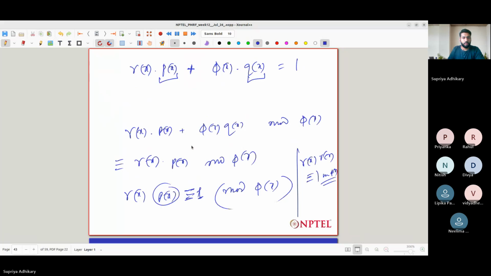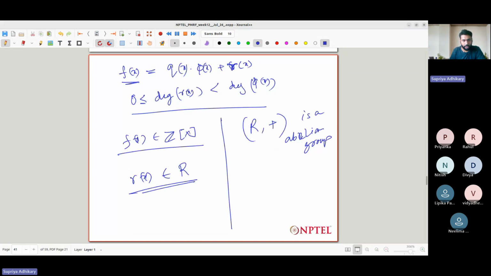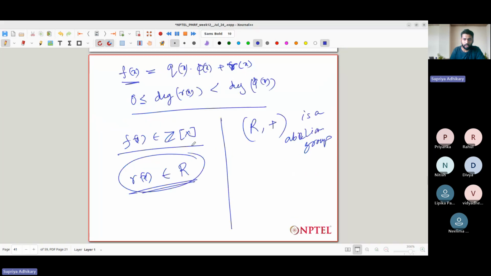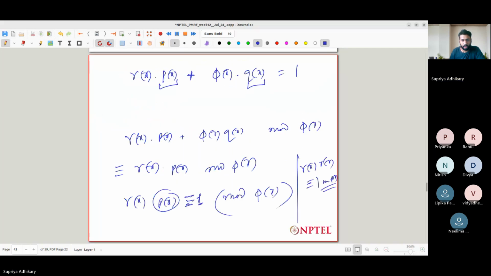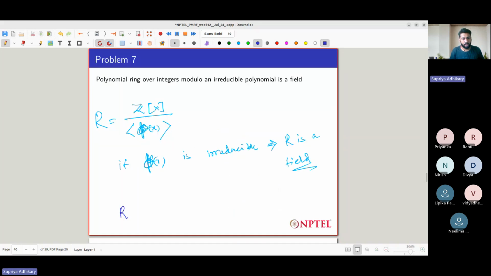So basically, if we consider any arbitrary R(x) in this ring, then for that arbitrary element, we do have an element P(x) such that the multiplication of R(x) and P(x) is 1 modulo phi(x). So therefore, we can write that this is a field.